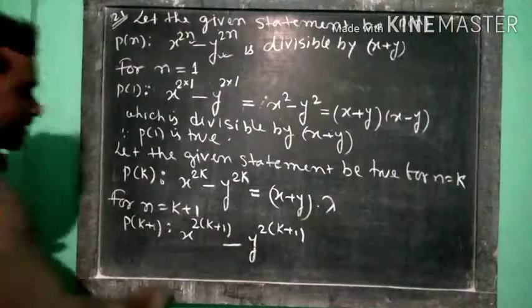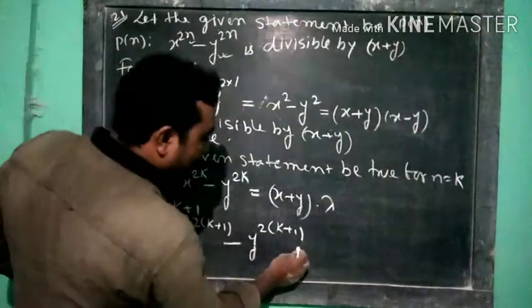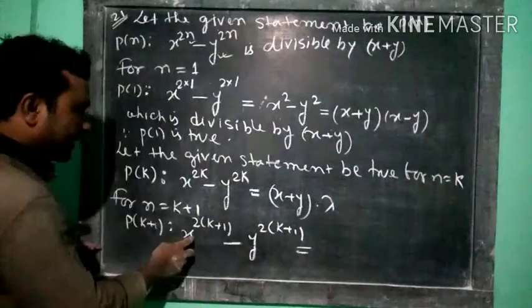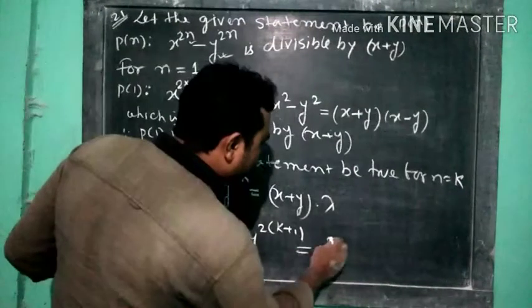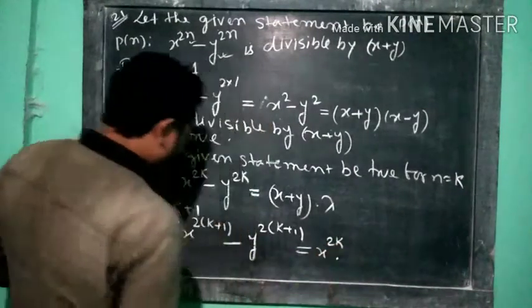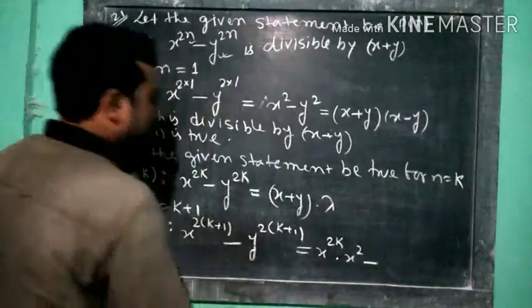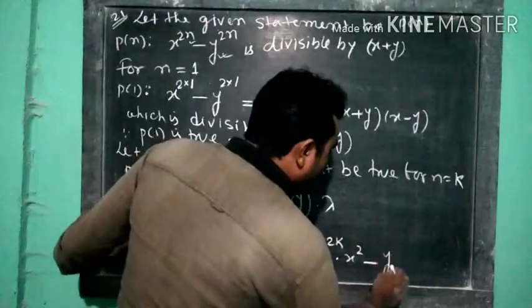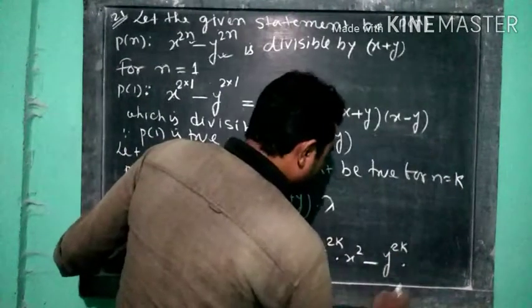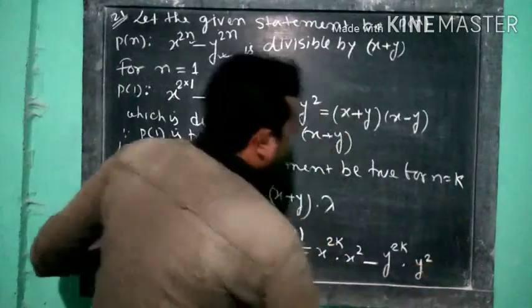If we modify this a little, this can be written as x to the power 2k into x squared minus y to the power 2k into y squared.